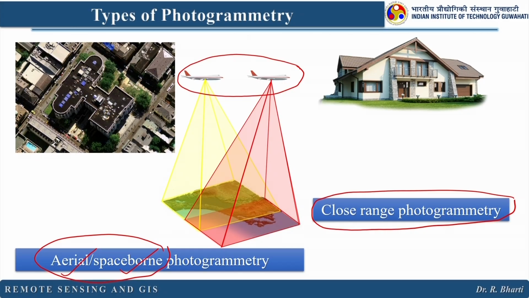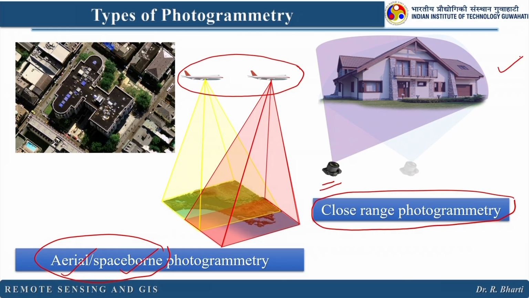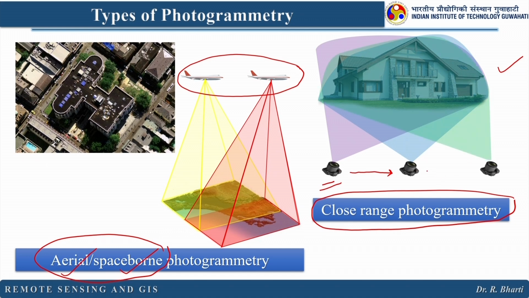In close range photogrammetry, let us assume this is my target, and we have sensors with us. First I will take the image of this house from this position. Next I will change the position from here to here, and then I will capture the same object, and again I can move and acquire the same target, but the view angle will be different.